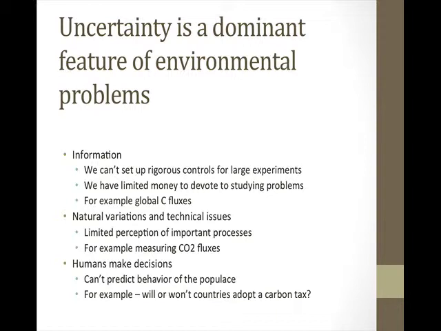Another is just this idea of natural variations and technical issues, and we just have limited ways to measure some of these important processes. And CO2 fluxes is a good example. How do you measure the carbon dioxide flux going from the ocean into the atmosphere? It changes every day because of the weather patterns.